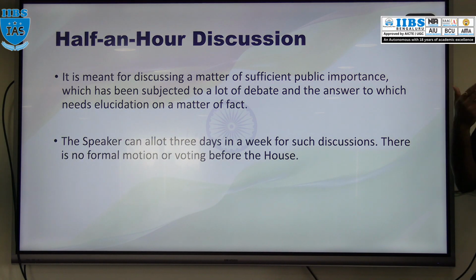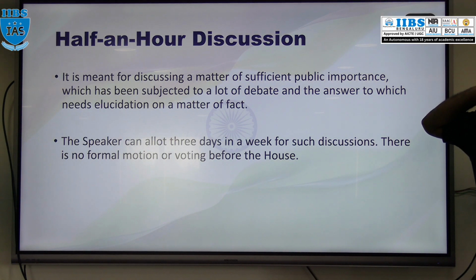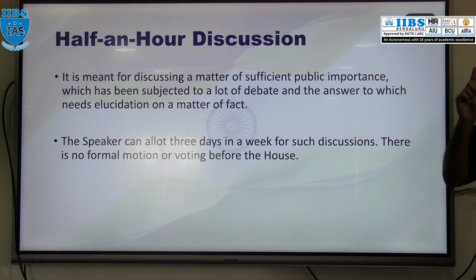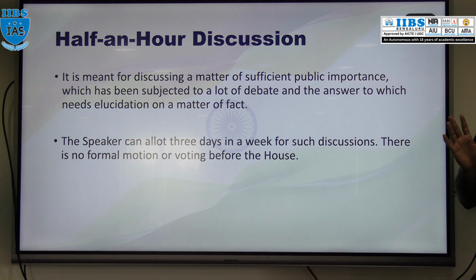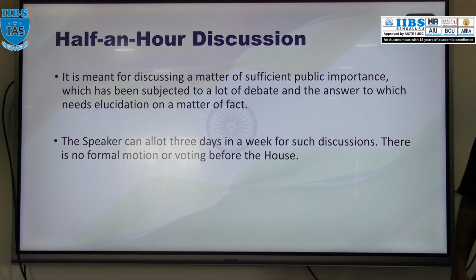Many motions are there, a public importance matter is not discussed, still some are left, then they can use this half an hour discussion, and they should get the answer also for the particular question raised during the debate. The presiding officer will allot 3 days in a week for such discussion, and formal motion or voting is not there before the house.